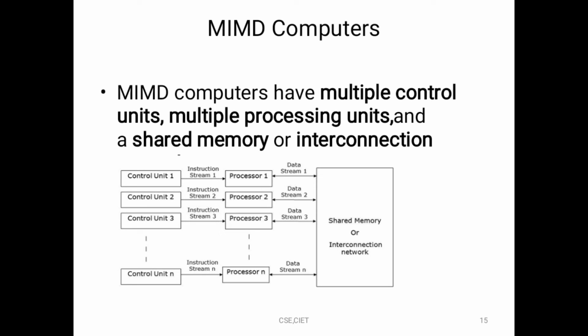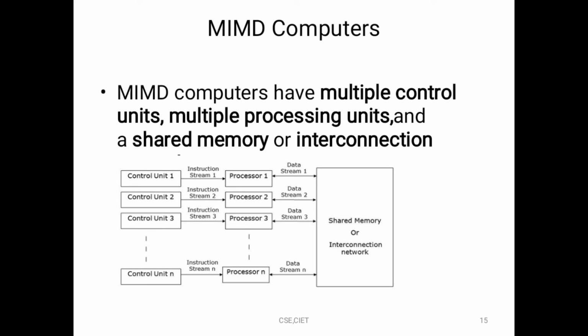So here MIMD computers have multiple control units, multiple processing units and a shared memory or interconnection network. From this diagram we can see that here each processor has its own control unit, a logical memory unit and arithmetic and logical unit. They receive different sets of instructions from the respective control units and operate on different sets of data.